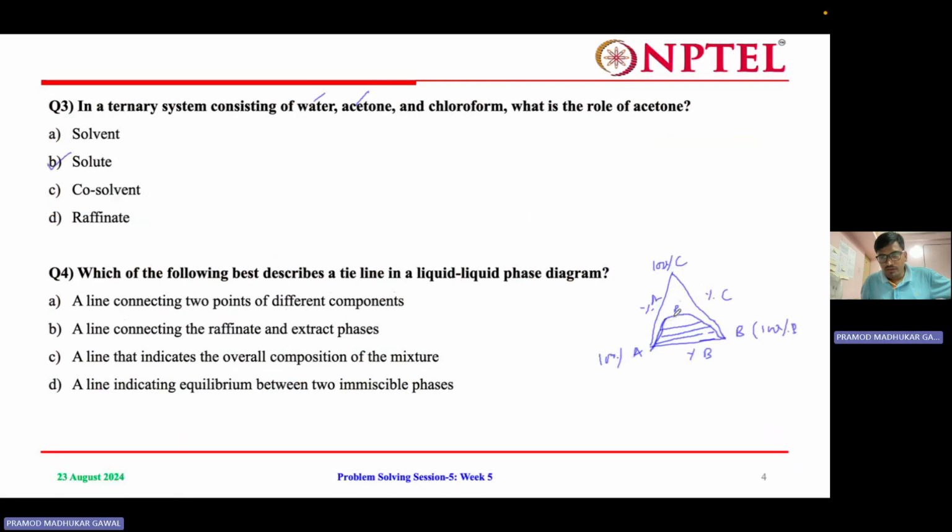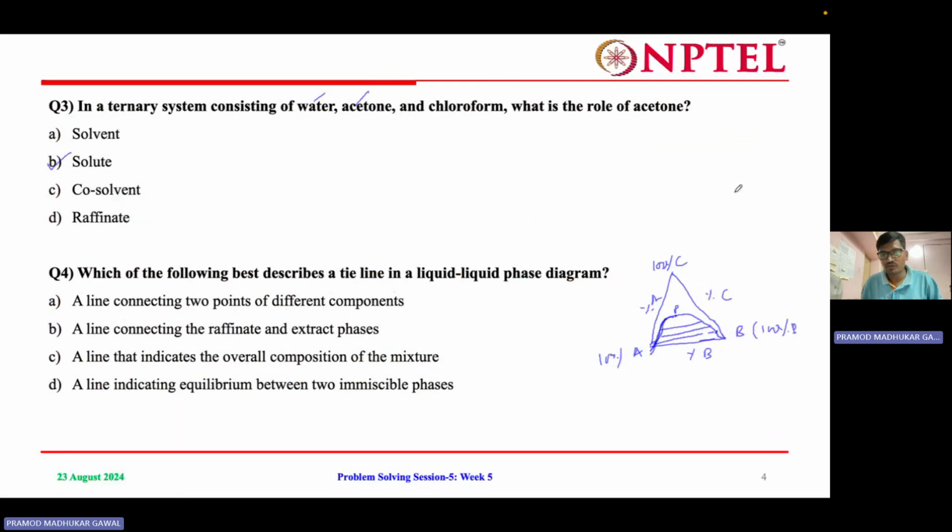The left side indicates the composition in the raffinate phase, and the right side indicates the composition in the extract phase. So here the tie line indicates the equilibrium between the two immiscible phases, at equilibrium conditions, extract and raffinate.